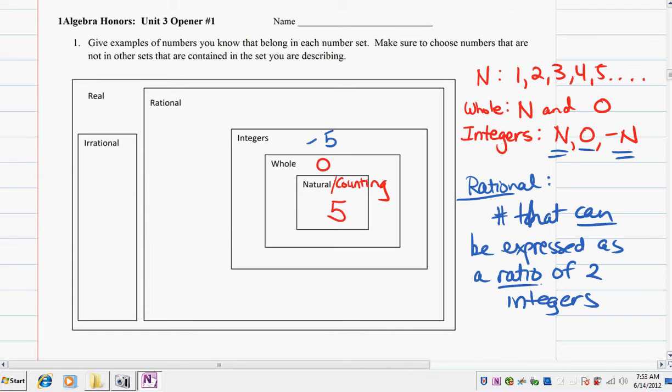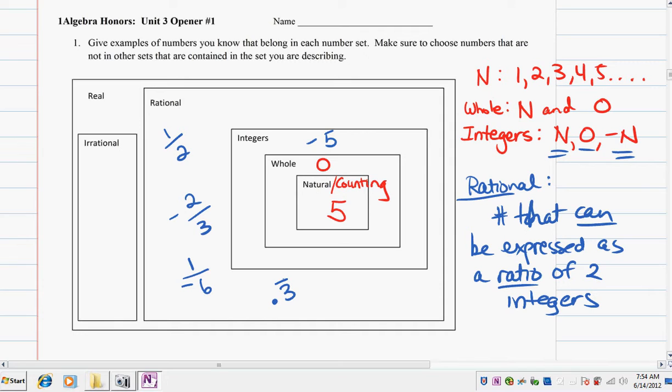So examples of that: 1/2, because 1 is an integer and 2 is an integer. Negative 2 over 3. Negative 6 on the bottom and 1 on the top. Anything that can be expressed as a ratio of two integers. Other examples, 0.3 repeating, which is actually 1 divided by 3, 1/3.